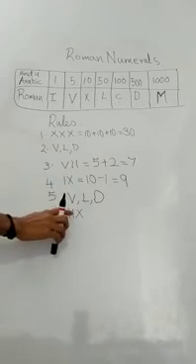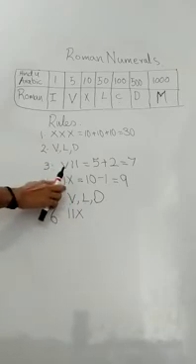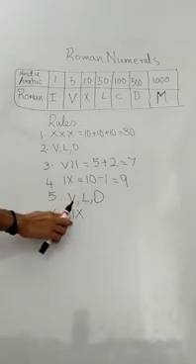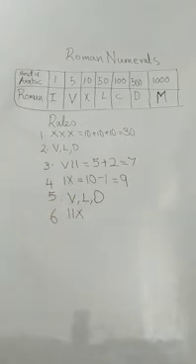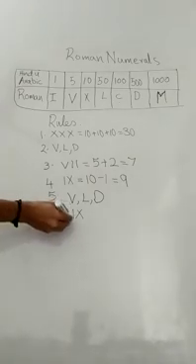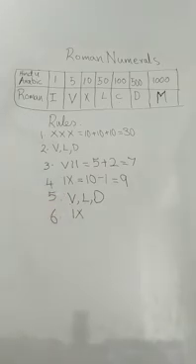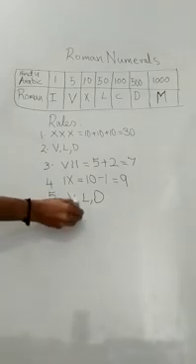This represents 1, right? You can put it only one time. You cannot put this two times. That means a symbol of smaller value can be written to the left side of a symbol of greater value only once. That is the sixth rule.